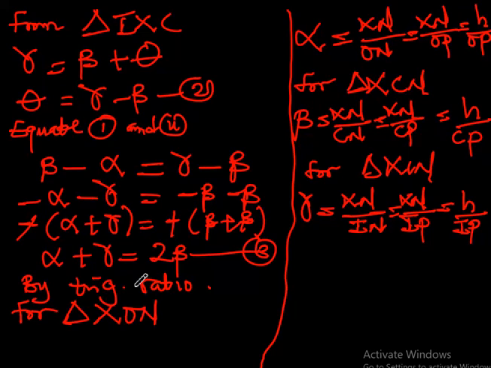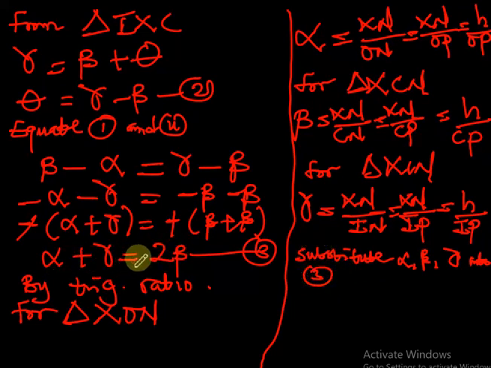Alright, so at that point, substitute the values of alpha, beta, and gamma into equation 3. What is equation 3? This is our equation 3 here.